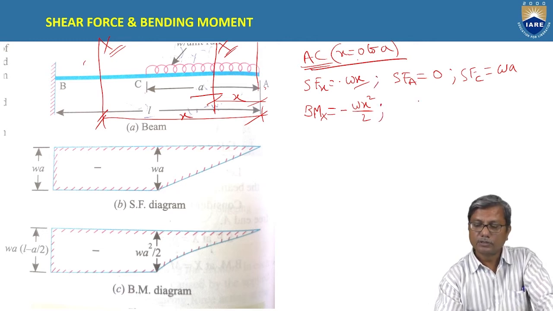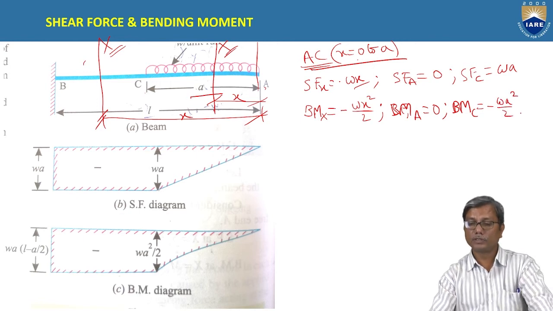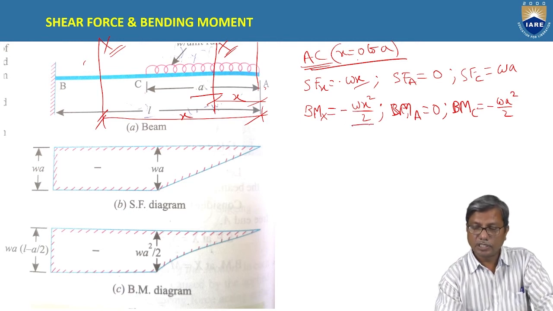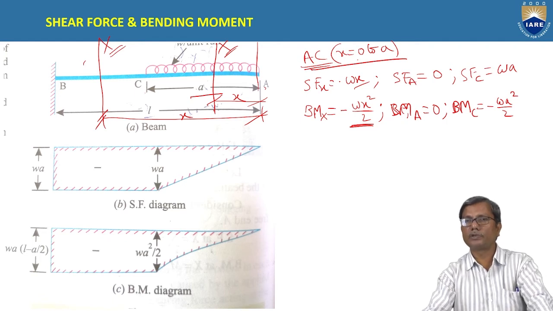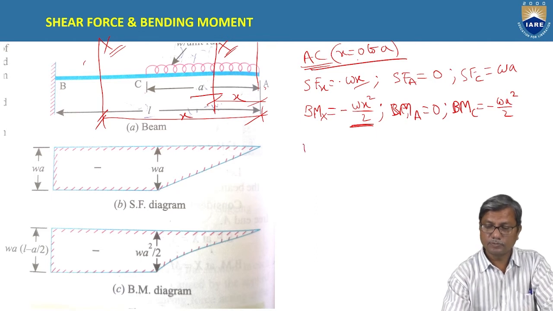At x equal to 0, the bending moment at A is 0, and at x equal to a, the bending moment at C is minus wa square by 2. If you observe, the bending moment is a parabola between A and C. Now consider the portion BC.